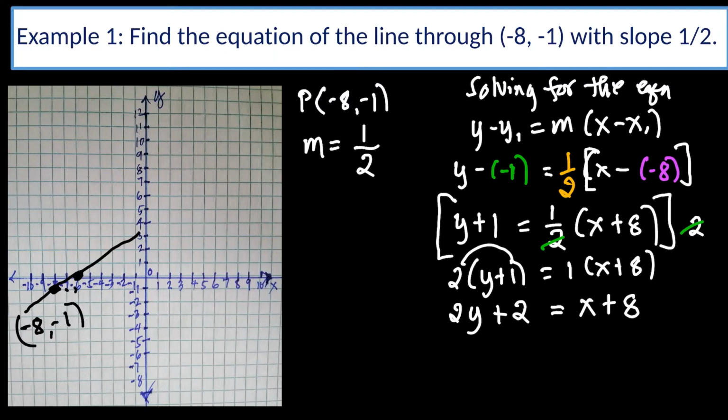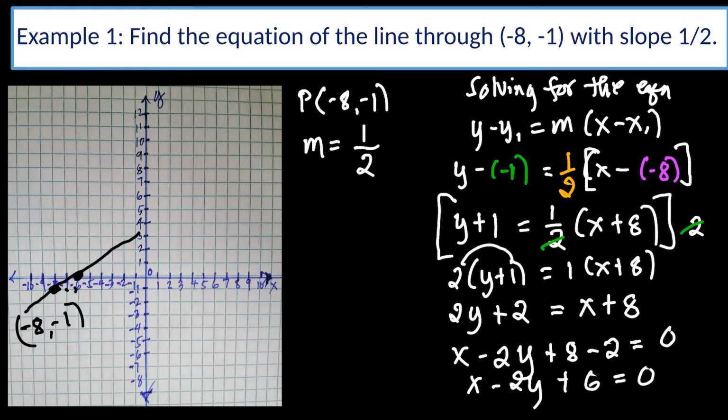So we write this in the general form of the equation of a straight line. Then we have x minus 2y plus 8 minus 2 equals 0. This will give us x minus 2y plus 6 equals 0.